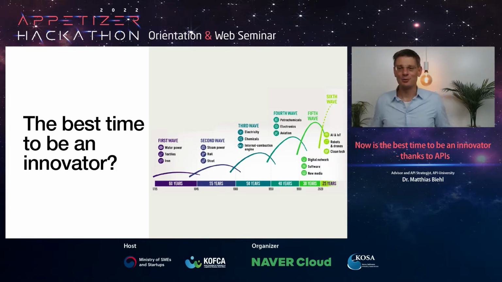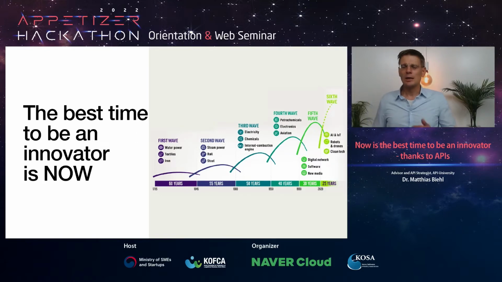We're sure that this 6th wave is going to build on the results of software. And today, in the software-driven world, we're also seeing a lot of innovation. So I think the best time to be an innovator is right now.